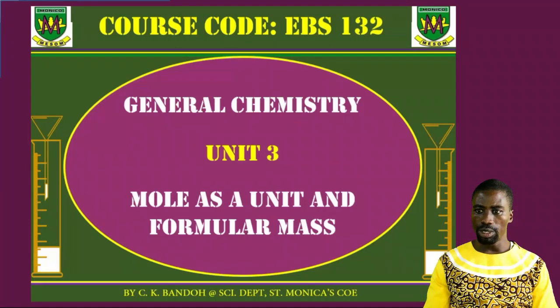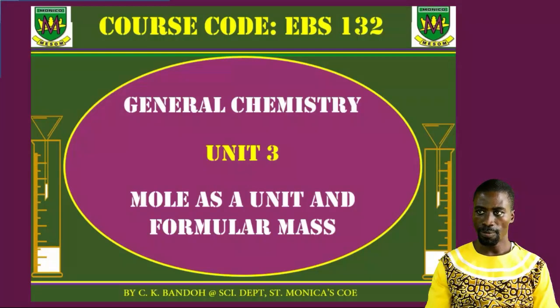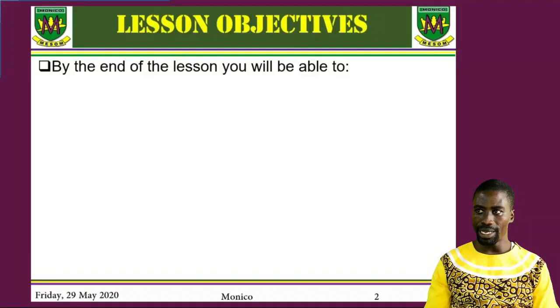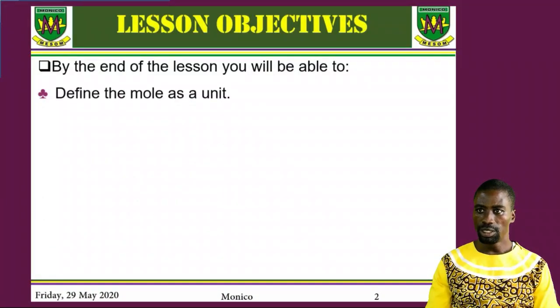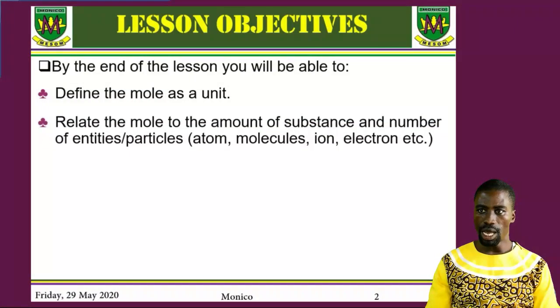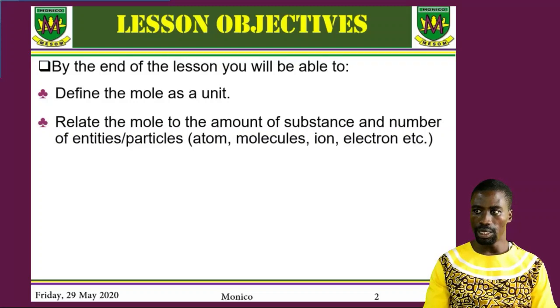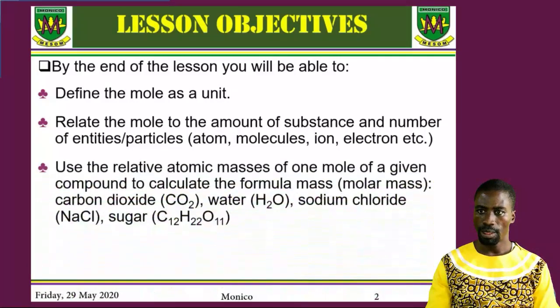Right, let us look at our lesson objectives, or performance indicators. By the end of the lesson, you, the learner watching me, should be able to define the mole as a unit. There again, you should be able to relate the mole to amount of substance and the number of entities or particles, basically the atom, the molecule, the ion and the electron.